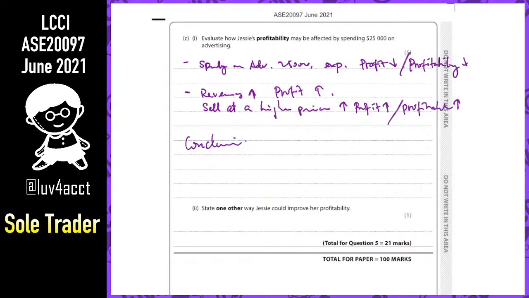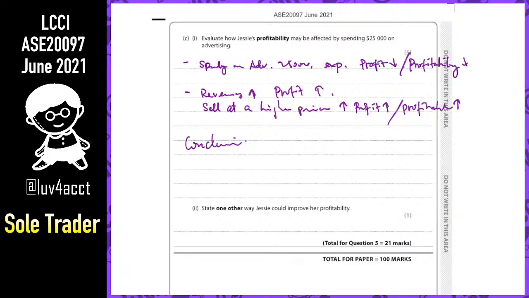So we increase our expense by 25,000. How much will revenue increase? Will revenue increase more than the expense we spend on advertising? If yes, then profitability will increase. If no, then profitability might not increase. So you can mention the scale of how much is increased.